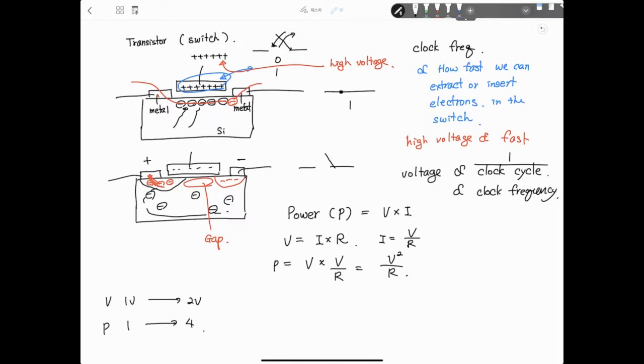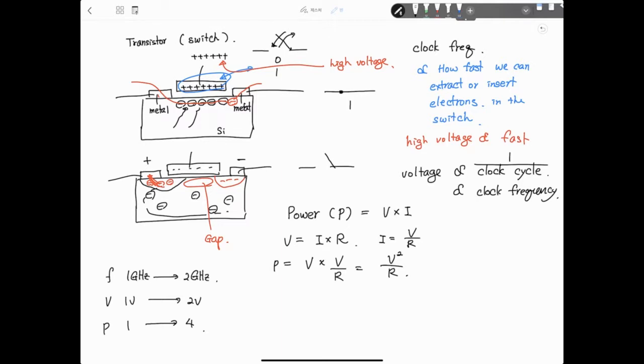It's like a hardware part. So if we are increasing the voltage, what about the frequency? In the 1 volt case, maybe it takes 1 gigahertz. And if we are providing 2 volts, what about the clock frequency? It can be possible that voltage is increasing, then clock frequency is proportionally increasing, like 2 gigahertz.